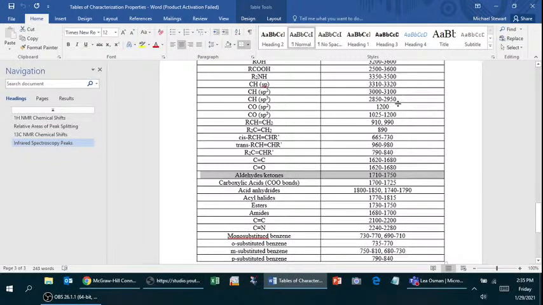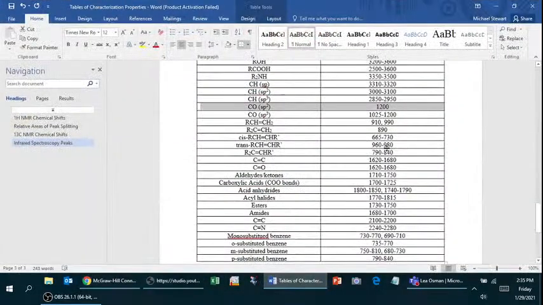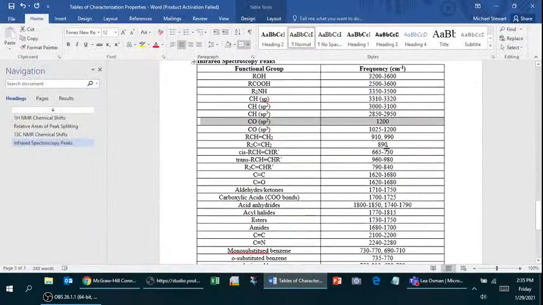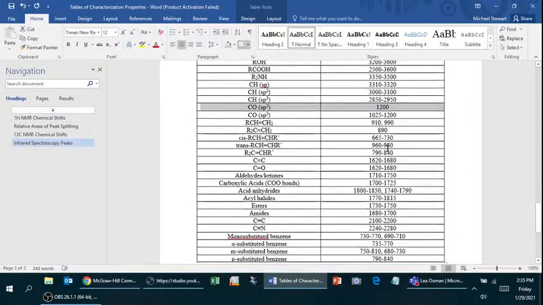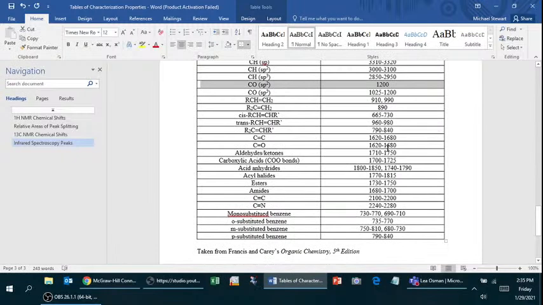The CO sp2 here is referring to carbonyl carbons, and the sp3 here is referring to alcohols. So I see another ketone bending mode. And there's a little bit of mess around 1500. If I take a look there, I don't really see anything corresponding to that range.